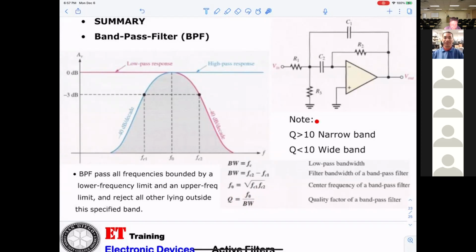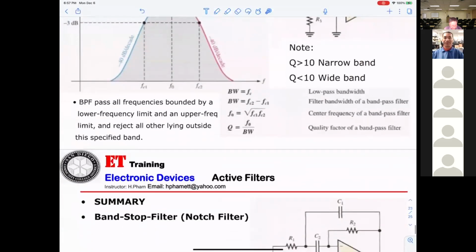Okay, the note here: Q greater than 10 will be a narrow band. However, after calculating Q, if it is less than 10, that will be a wide band. You want the narrow band, you don't want the wide.